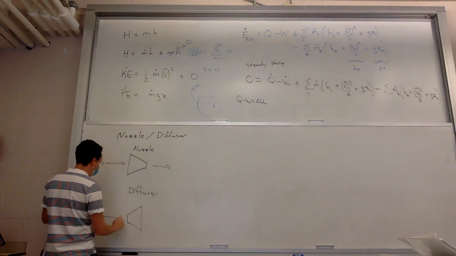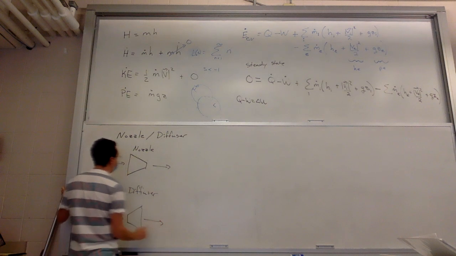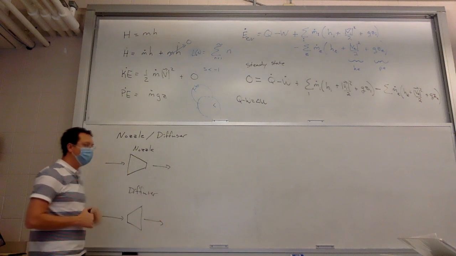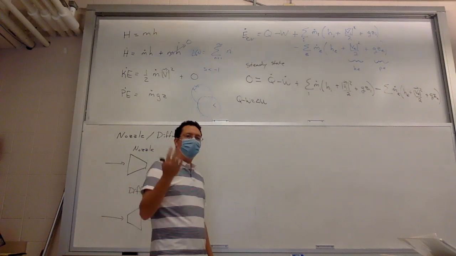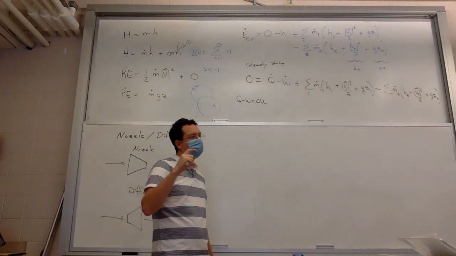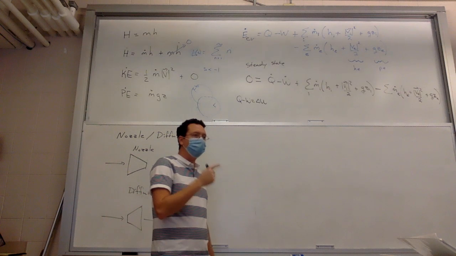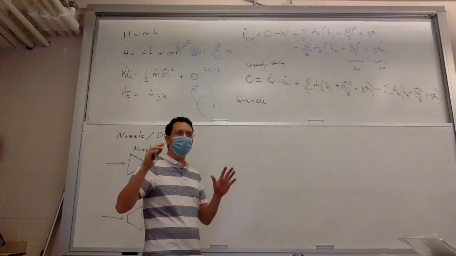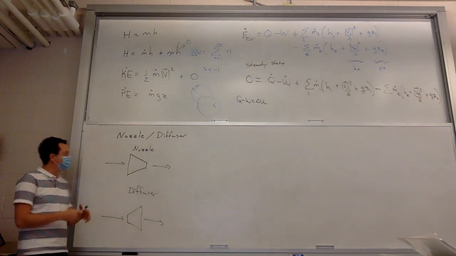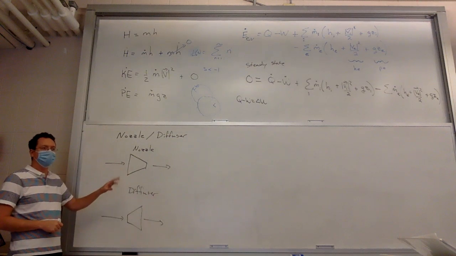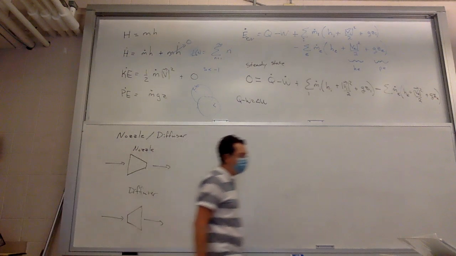Now, this is one of the drawbacks of learning this stuff from a physicist. There are different standards for how to draw these things, and not every book uses the same standard. So whatever book you have is going to have a standard way, and it'll always draw the nozzles in a certain way.